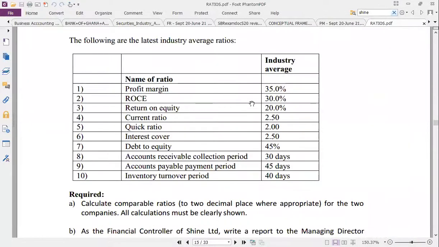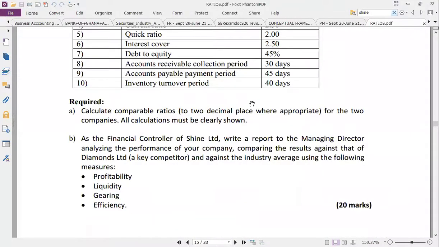First, to the managing director, in bracket, Shine Limited. From financial controller, date 12th of January 2021. Subject, performance analysis of Shine Limited as compared to Diamond and the industrial average.